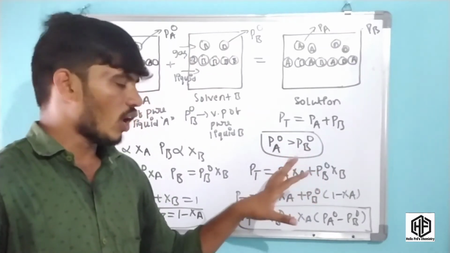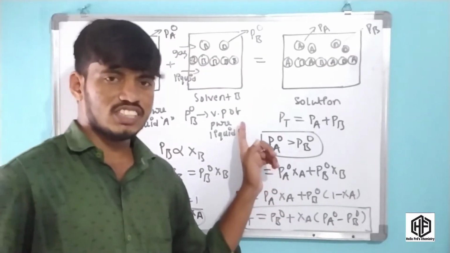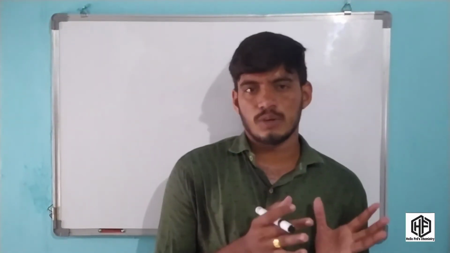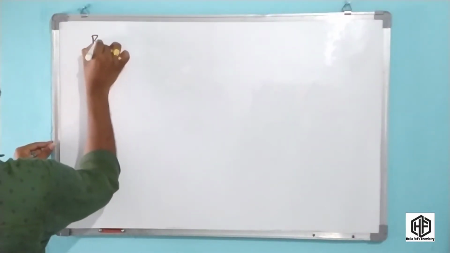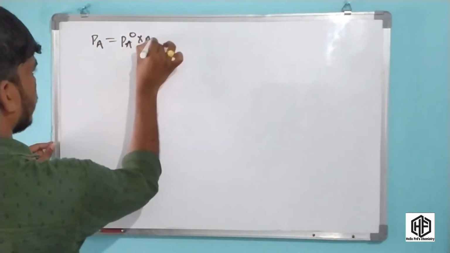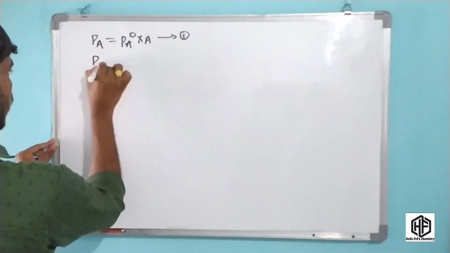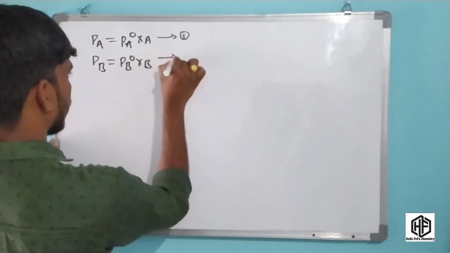Okay, friends. Now what is the graph representation of this equation? Friends, the graph representation of the total pressure. First one is PA is equal to PA naught zeta A, this is equation 1. And second one is the partial pressure PB is equal to PB naught into zeta B, this is equation 2.